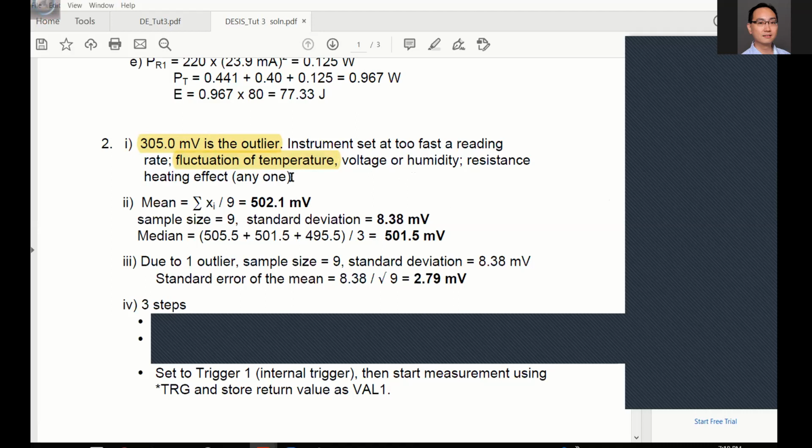We can actually put electromagnetic interference here also. Humidity, maybe not so much, but temperature and electromagnetic interference are causes for the instrument to give you an erroneous value. That's what we call an outlier.